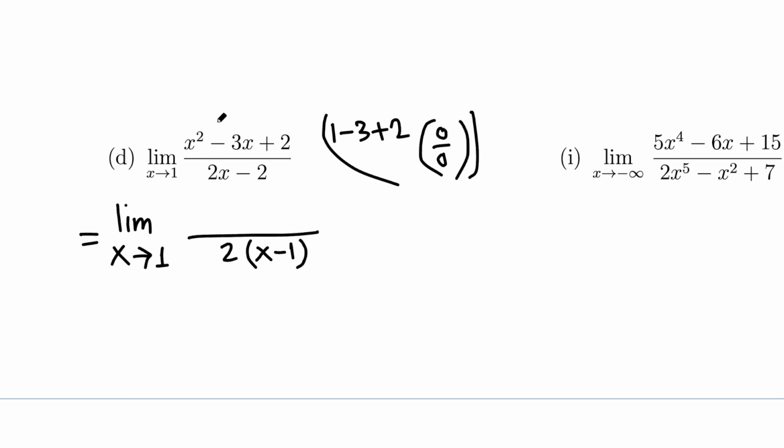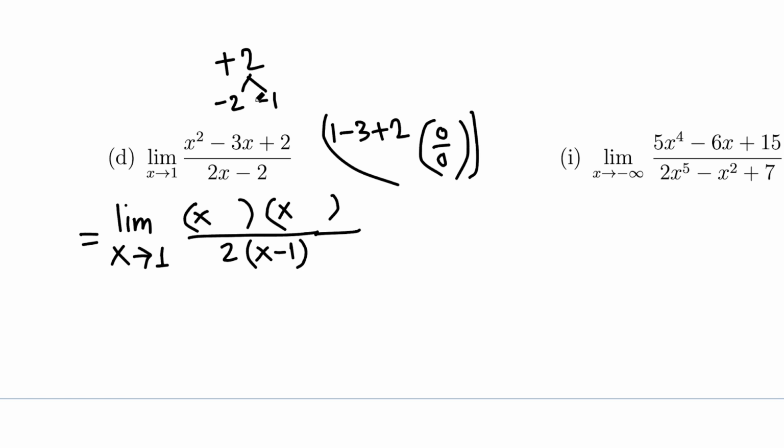Okay, this is a trinomial on the top. So we need to factor it as a product of 2 binomials. So x squared, x times x. Then plus 2. So we need to find 2 factors of plus 2 that combine to give negative 3. 2 means 2 times 1, or negative 2 times negative 1, which is positive 2.